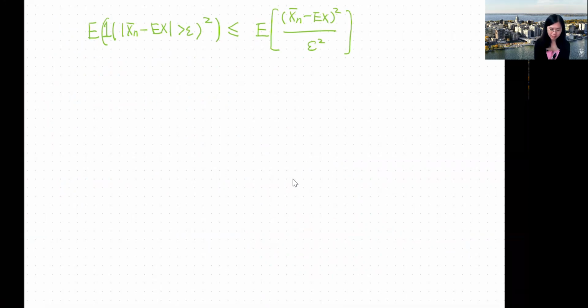The left-hand side, because we are squaring a dummy variable that can only take value 1 or 0, so 0 squared equals 0, 1 squared is 1. So that square is the dummy variable itself.